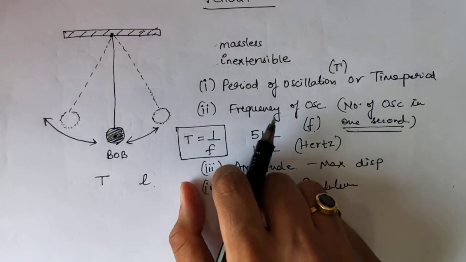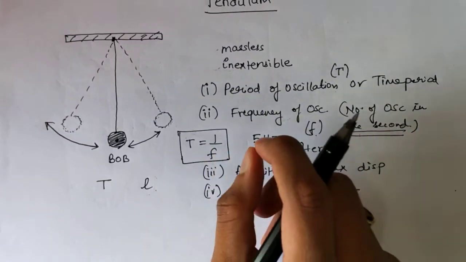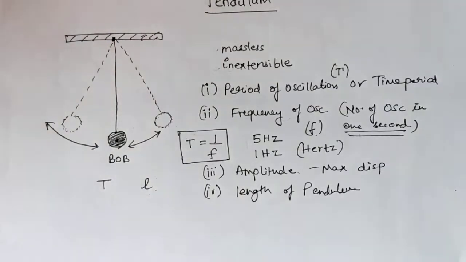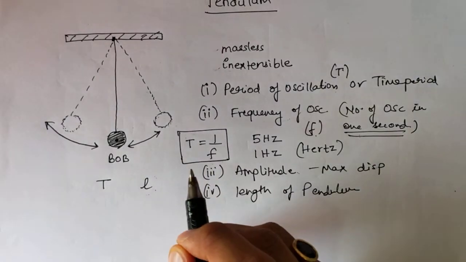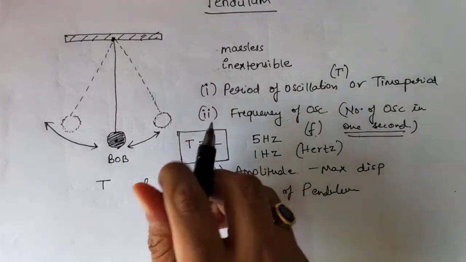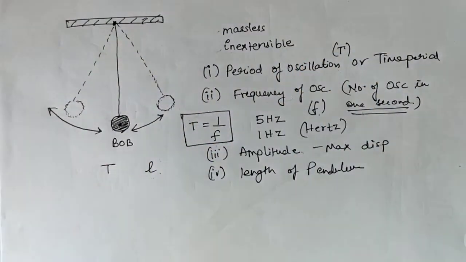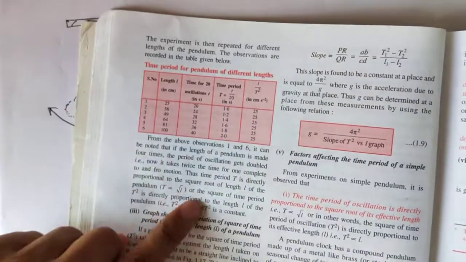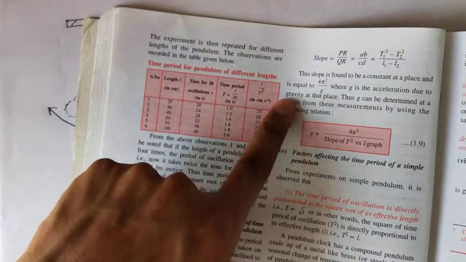If you see, the table is given after the next diagram. The table is there with the name time period for pendulum of different lengths. You might have this table in your textbook.